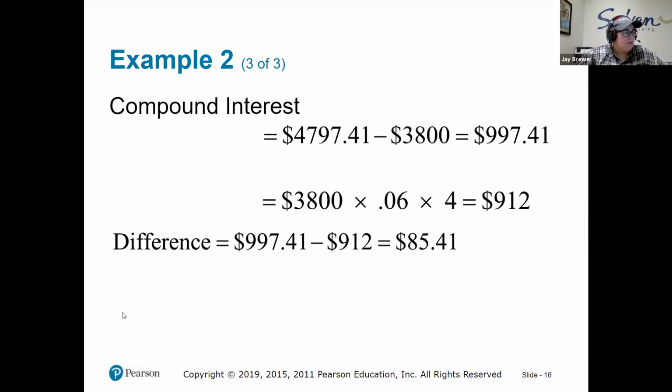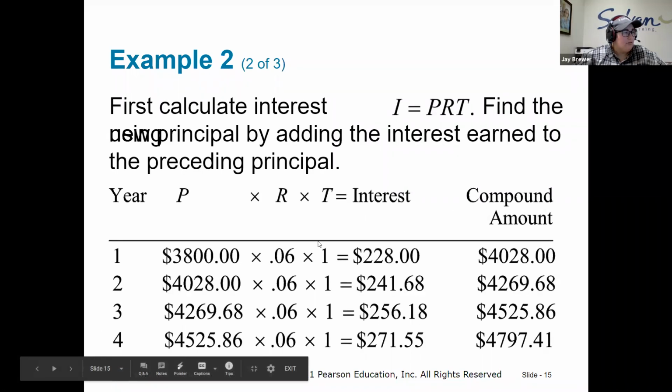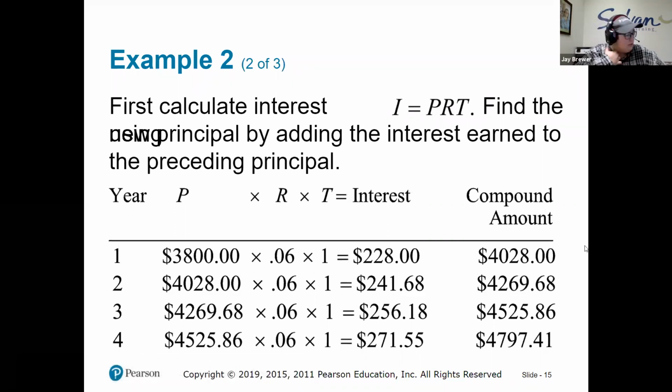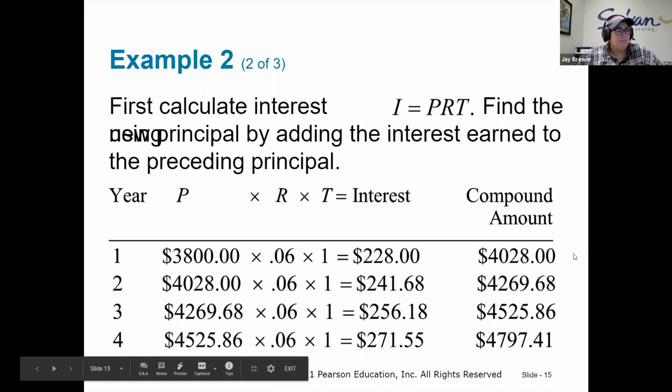So the compound interest, and when you come back here, why are they doing it 4 times? How many years did they want to save for? 4. So that's why they're doing it 4 different times, okay?